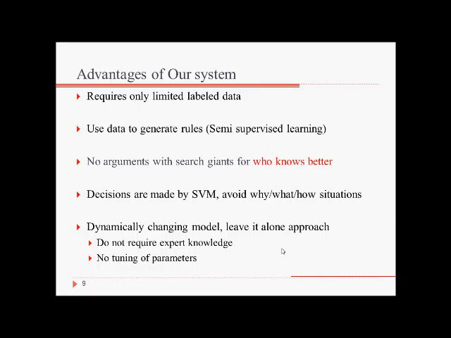Since the rules are machine generated or human independent, we do not expect arguments from other competitors. Because in the existing systems, we can always question why and how a certain rule has identified a click as valid or invalid, since the rule is developed by a human.